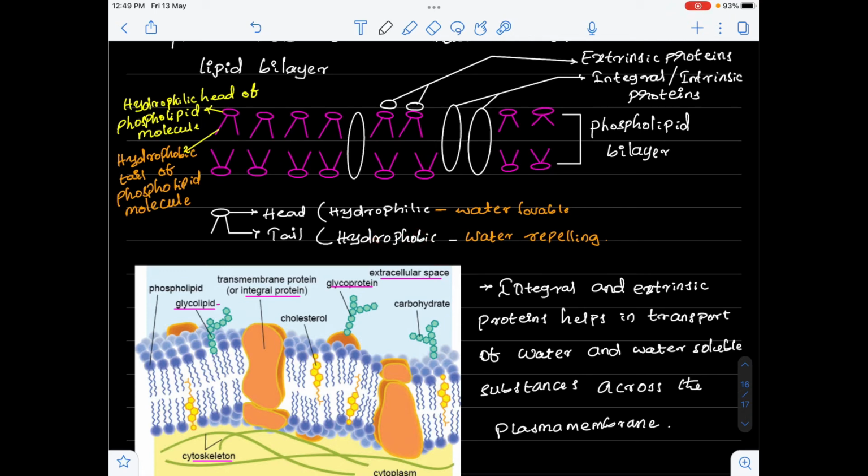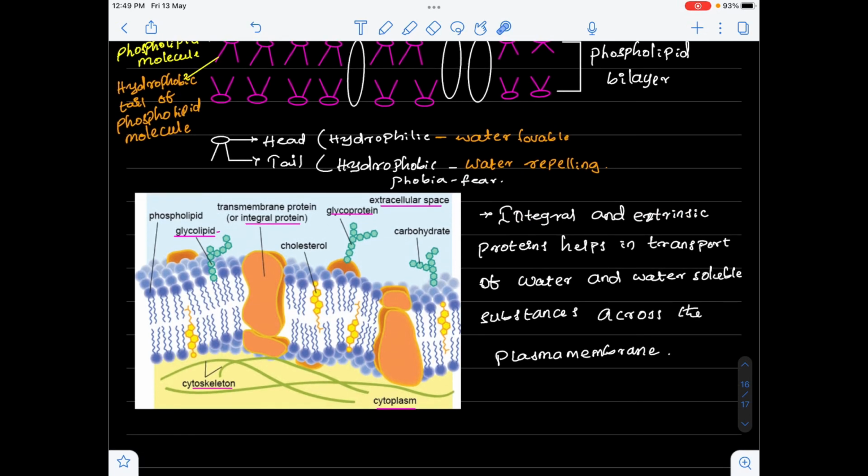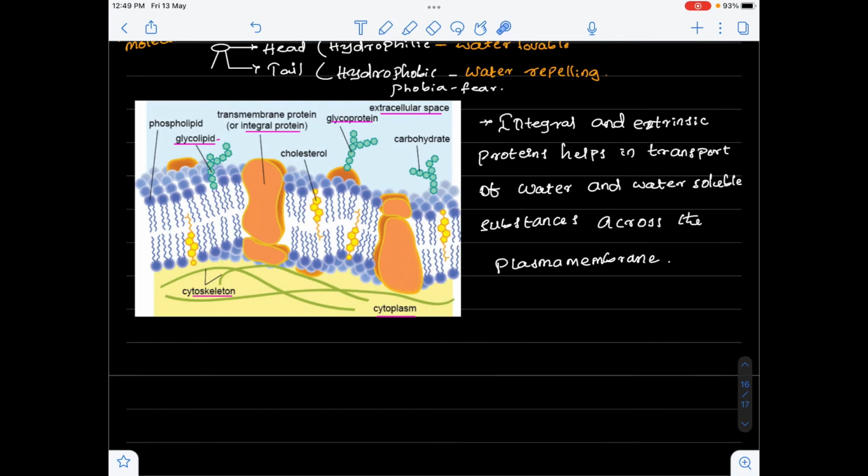Here phobia means fear. So fear of what? Fear of water. So when the water or water soluble substances reach this area and this area, they will not allow the passage of water. So in such cases, the transport of water and water soluble substances occurs through the integral and extrinsic proteins.